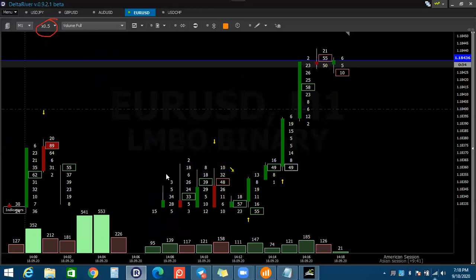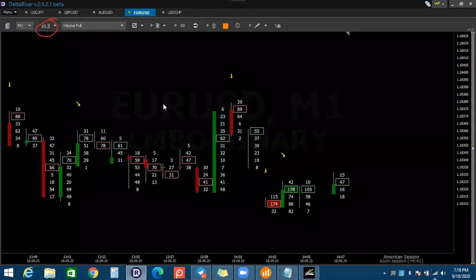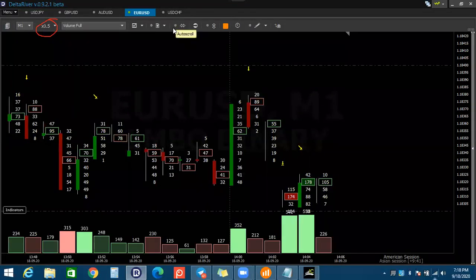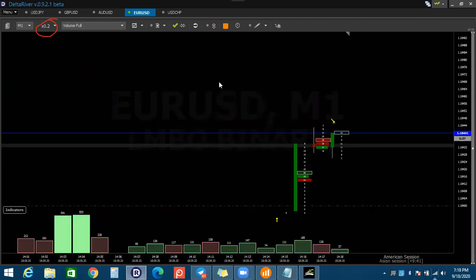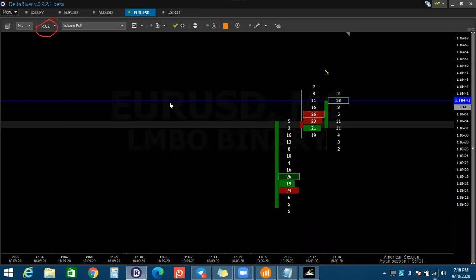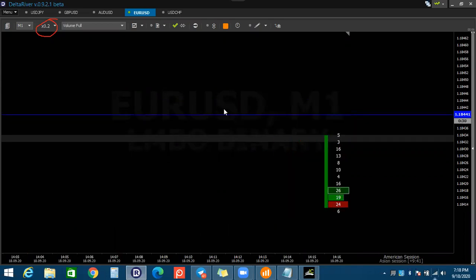And also you people can make a template, and there is an auto scroll. When you click this one and this one, vertical auto scroll and horizontal, this is vertical, this is horizontal, now your candle will be adjusted automatically. Now you cannot move with the cursor.